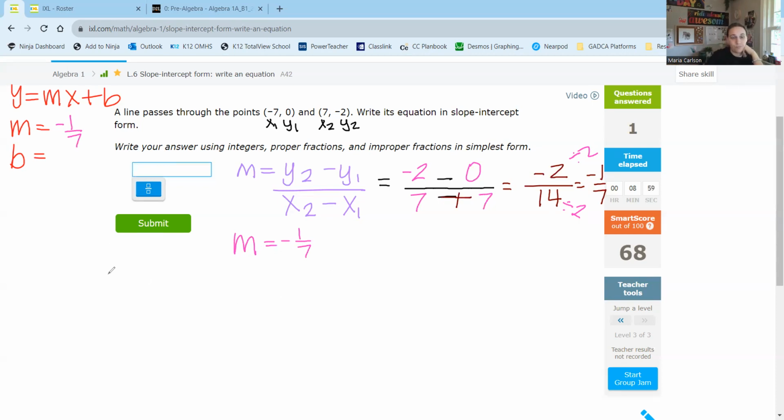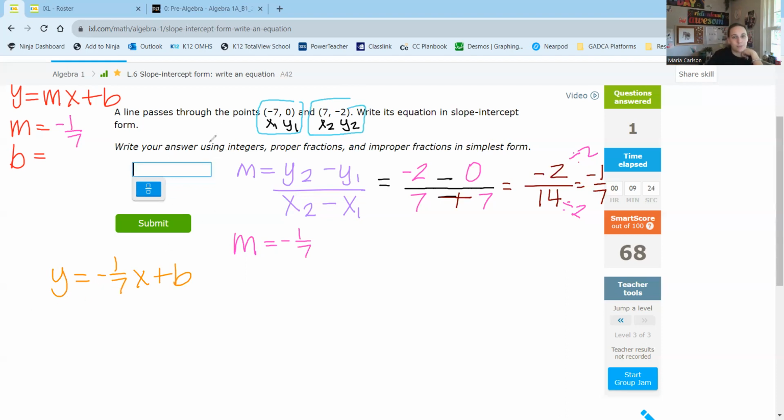So I know that we have y equals, our m is -1/7, x plus b. Now I have 2 different points. I can choose either -7, 0, or I can choose 7, -2. I'm going to choose -7, 0 because it has a 0, and I always love a good 0.